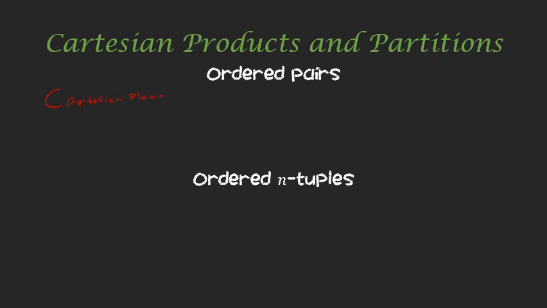Whenever you graph a function or plot points in the Cartesian plane, you're actually working with ordered pairs of real numbers.